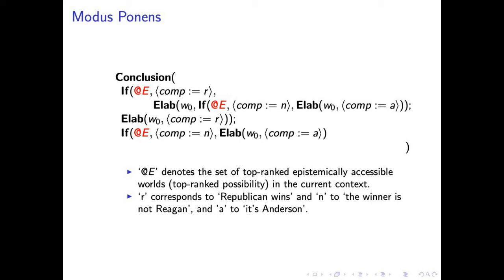And so we're going to have the information here that entails everything we know about the polls, plus that the Republican is the winner. Relative to that, we're going to introduce a possibility in which the winner is not Reagan, and then elaborate, requiring that all those are the ones in which the winner is Anderson.